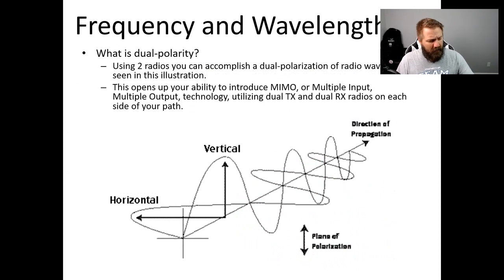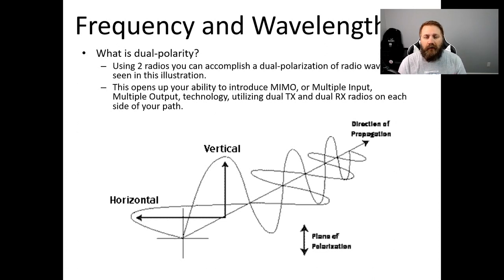Another thing that I point out here too, and it seems a little off pace, is that we can change the way that these waves exist in the world. A lot of folks understand that there's dual polarity now in almost all new technology. So what we're doing is we're using two different radios, and we're emitting these waves on different vertical planes or horizontal planes.